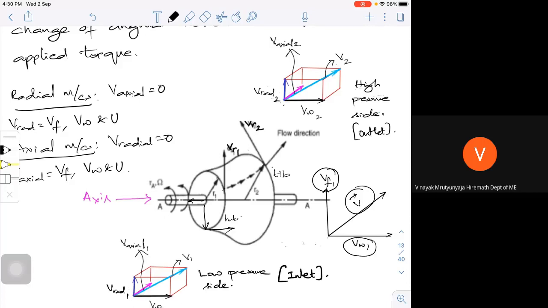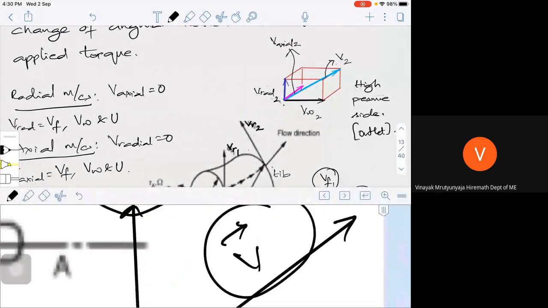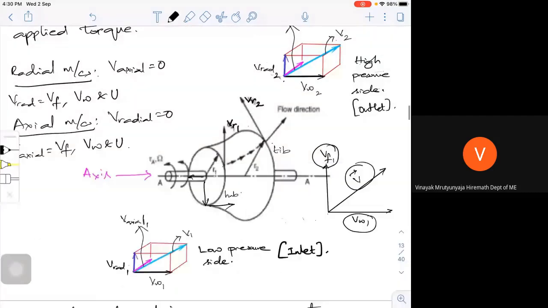If it is an axial flow machine, then your radial component is 0. Whatever I'm showing in black, this particular quantity will be 0. So I'm left with only the axial component. Then this flow component will automatically become an axial component for the axial flow machine.